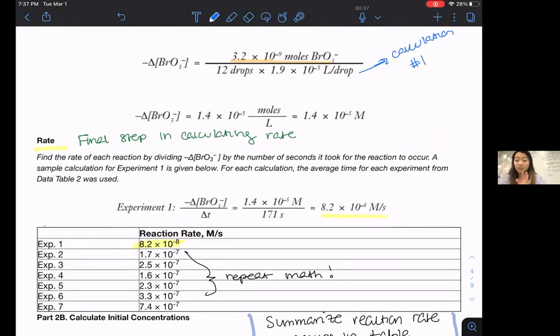By my, I mean the chemistry kit sample data. 8.2 times 10 to the negative 8th molarity per second. This should give you a good gauge, by the way, to help you determine whether your values are correct. So use this as an approximate to judge your own values.